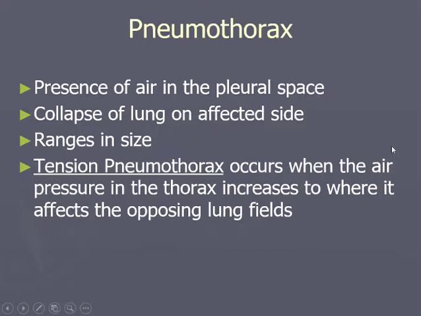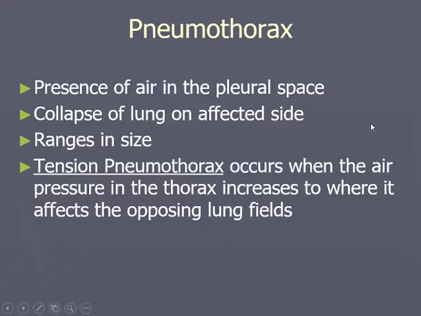Pneumothorax. So remember that there has to be vacuum integrity in the lung for the lungs to work. There can be no air between the lungs and the pleura. And if there is air in between the lungs and the pleura, you get a pneumothorax where the lungs can't fully inflate because of the presence of air, and the lung collapses on that side.